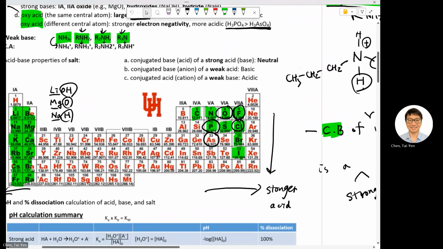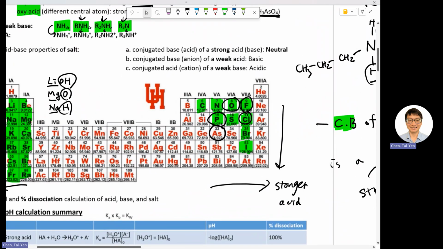Then we are going to move to another thing called the salt. A salt is a compound that, once it dissociates into your aqueous solution, is going to produce cations and anions.